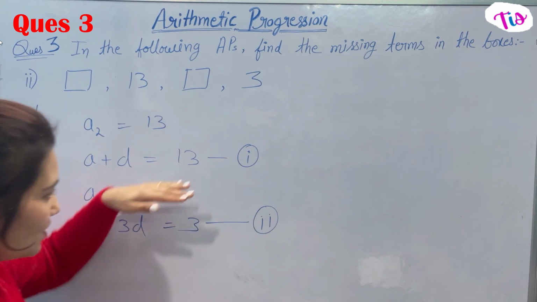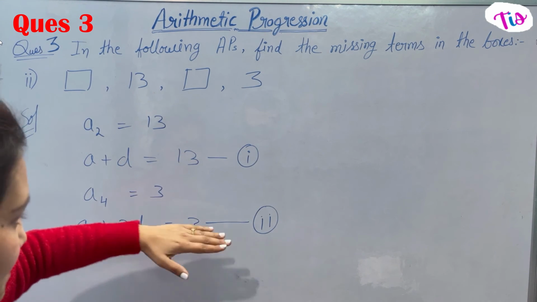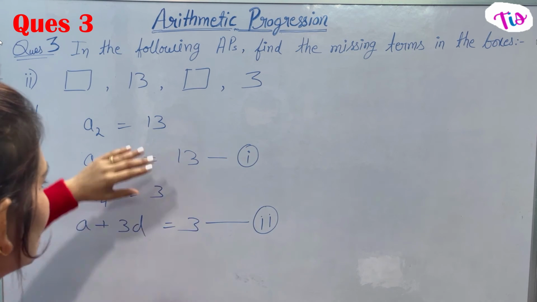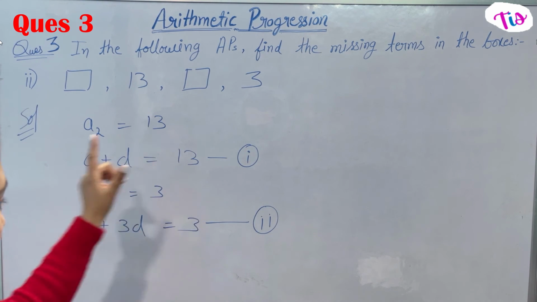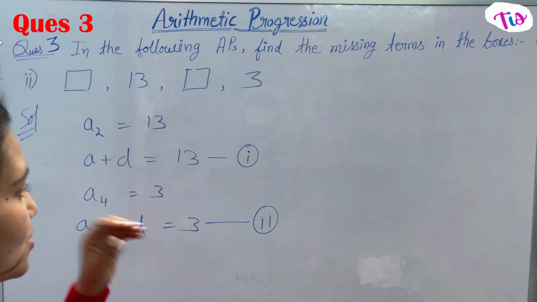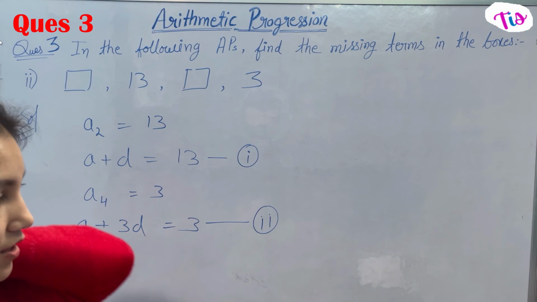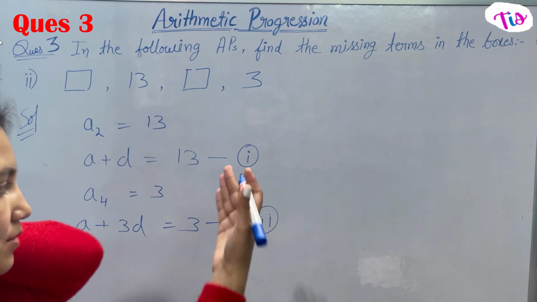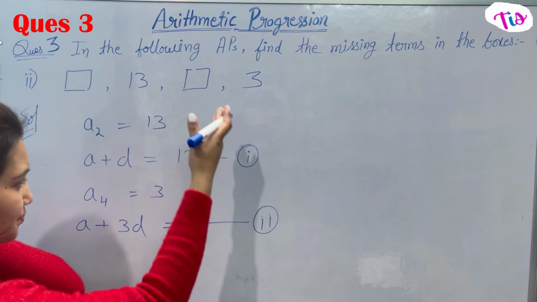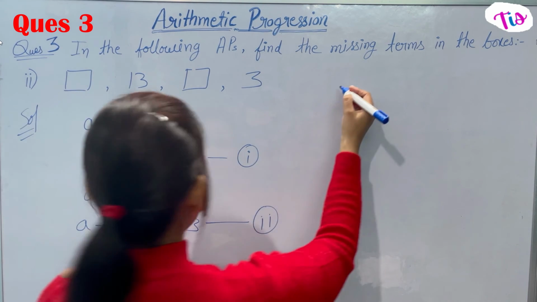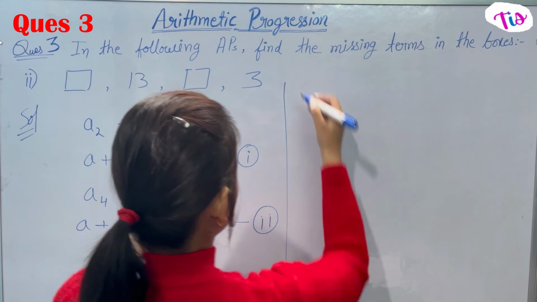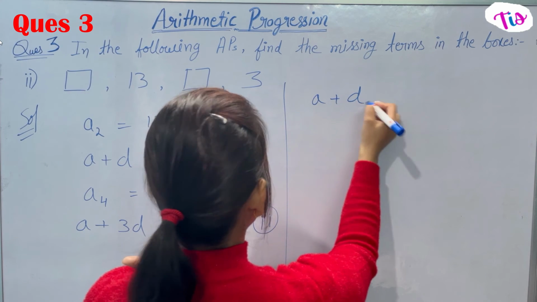Right? Now you can see we have 2 linear equations, a pair of linear equations in 2 variables, A and d. We'll solve these 2 equations by elimination method, and find out the value of A and d by solving both of them. Let's keep these equations together. A plus d is 13.